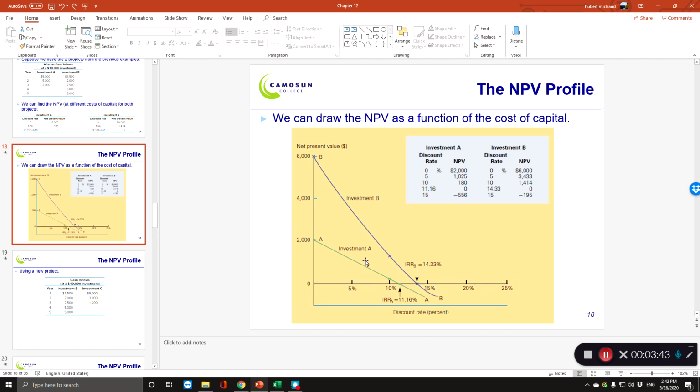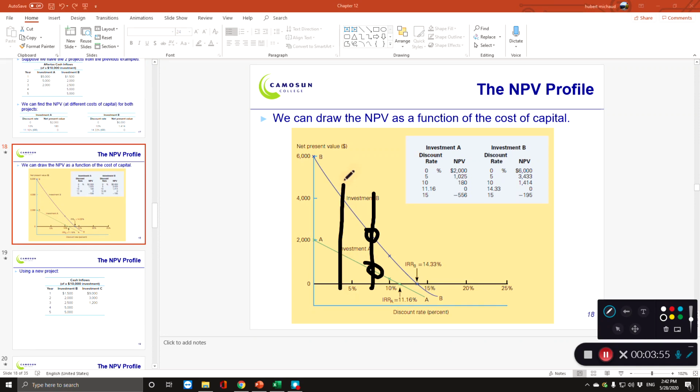If I was to draw a vertical line here that goes straight up, project B always has an NPV that is higher than project A, and that's true at any interest rate. So it really doesn't matter. Whoops, that was supposed to be a straight line. The blue line is always above the green line, so it really doesn't matter. We could, in this specific case, use the IRR to choose which project we want to do.